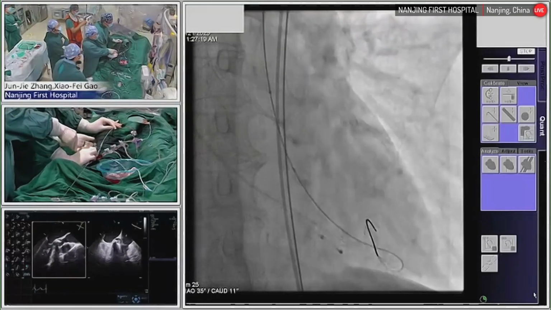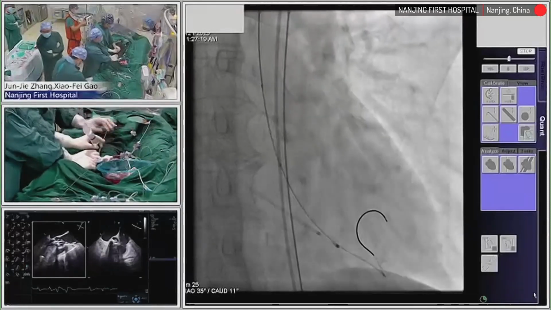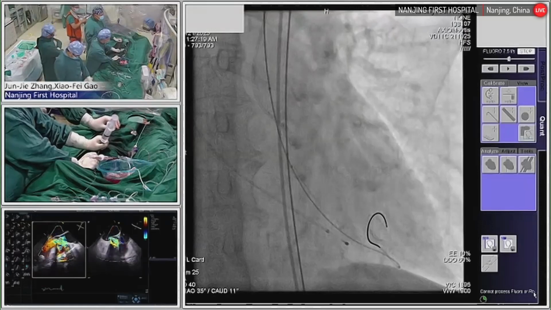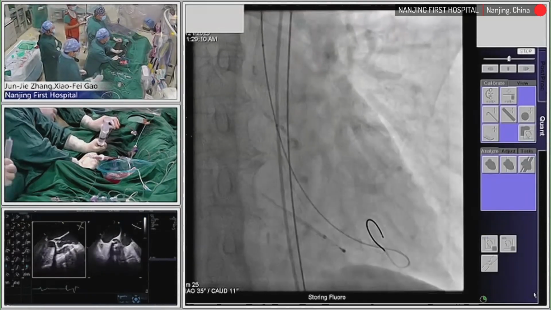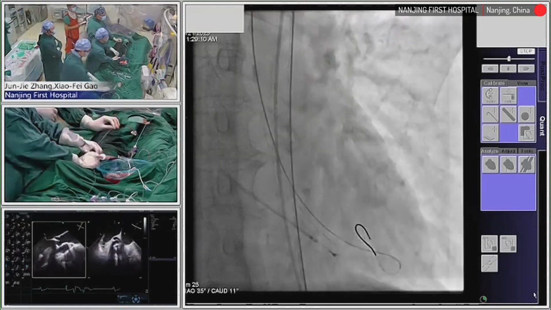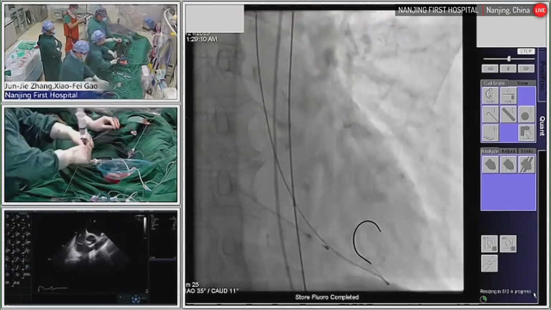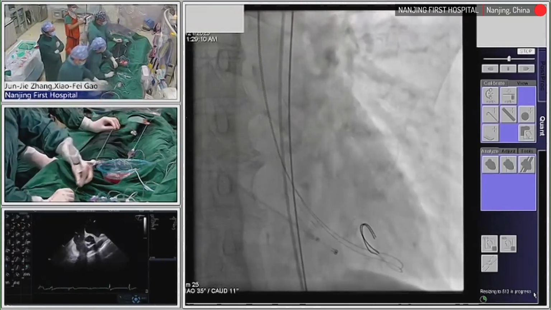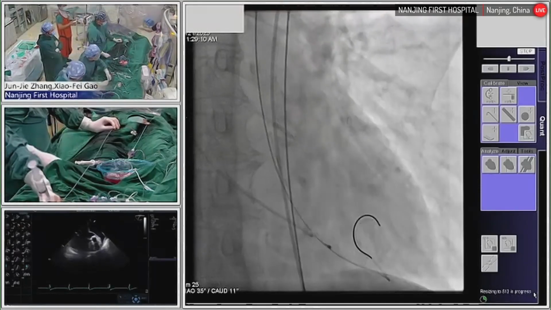We have done the balloon dilation, and you can see due to the very eccentric calcified annulus, during balloon dilation there is a waist.